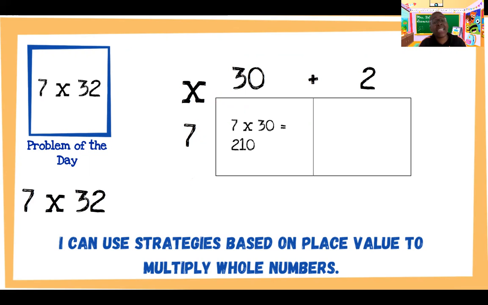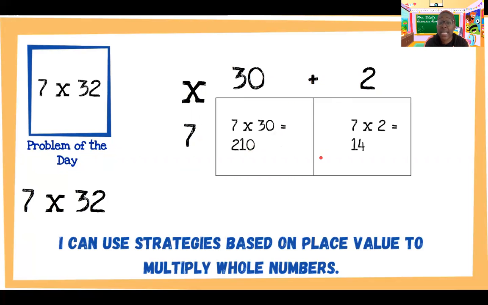Now, let's look at the next piece of our problem. We have 7 times 2. Well, what is 7 times 2? Super simple. 7 times 2 is 14. Now, because these were partial products, we need to put them together in order to get our solution. So we're going to add 210 plus 14.